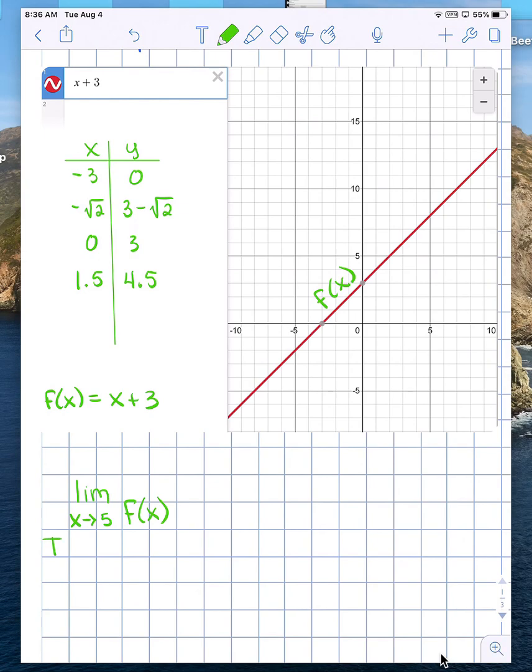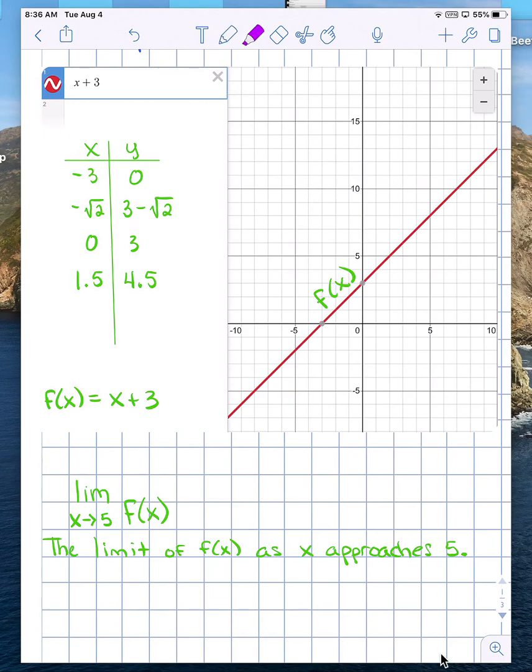The limit of f of x as x approaches 5 is how we say it. So what we're saying is, what is the value of the function as x gets closer and closer to a value of 5? So that's what we're looking for.